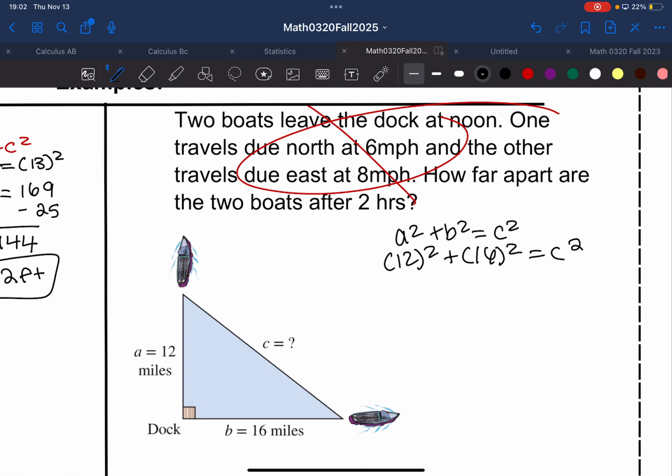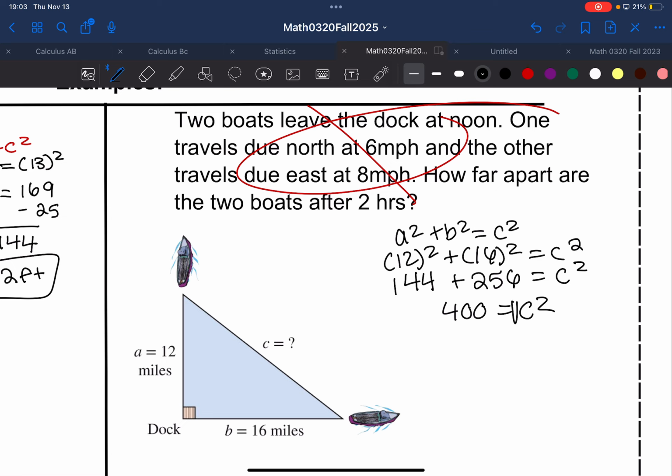So what is 12 squared? 144. 16 squared? 256 equals c squared. So we add those numbers together, and then we get what value? 400. And then how do we get c by itself? Squared or square roots?